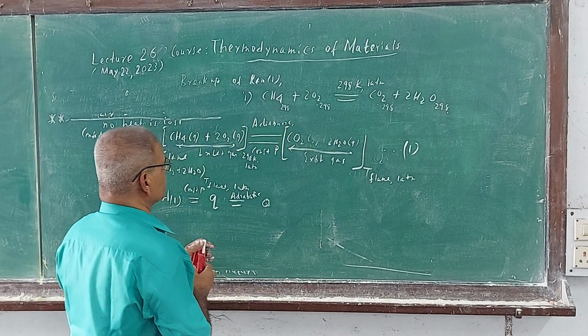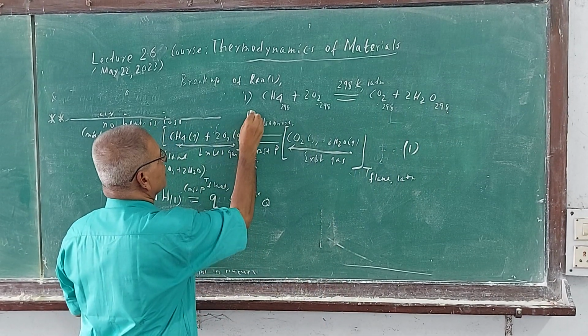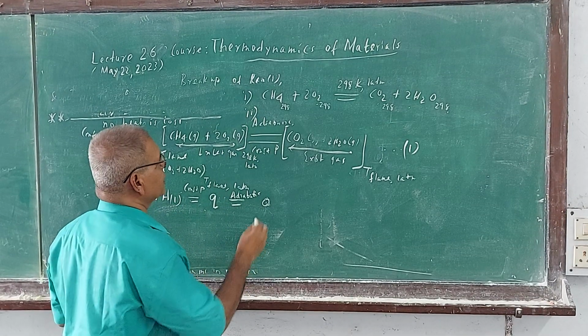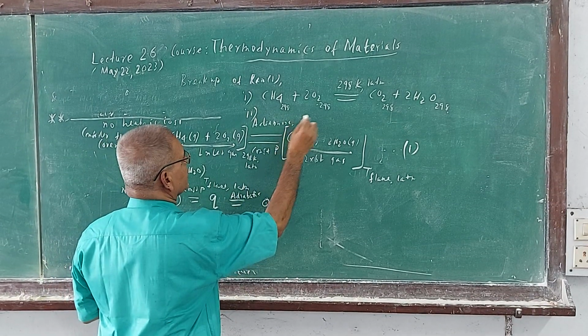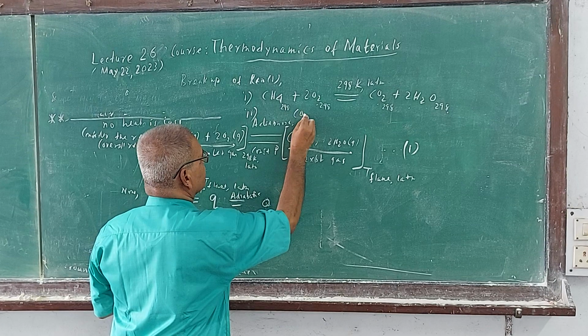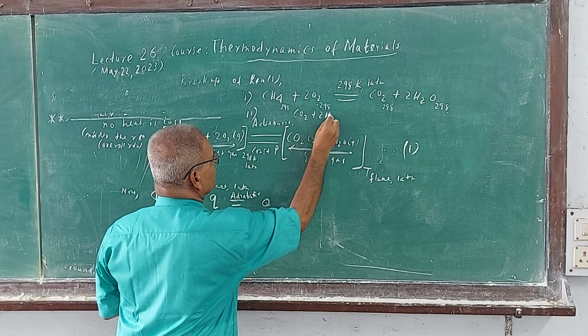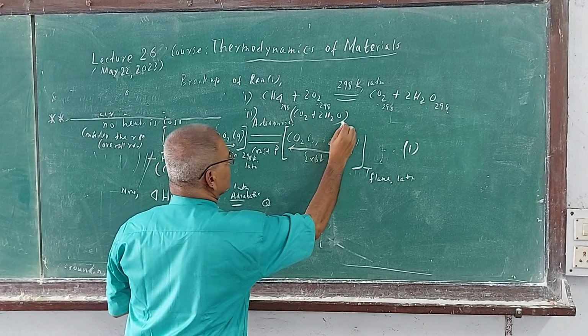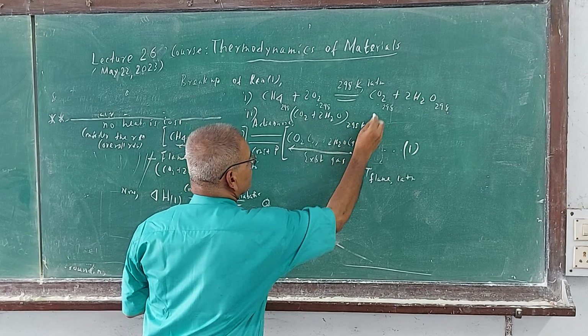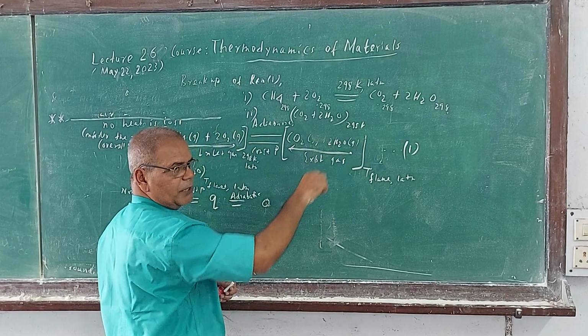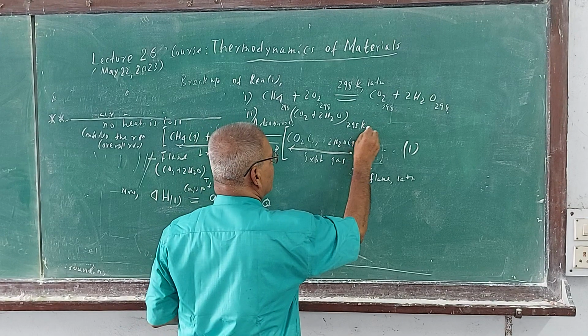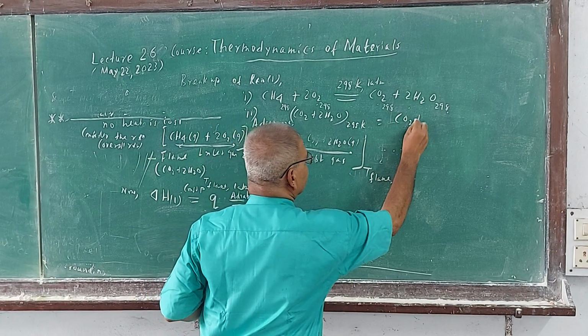Okay. Then the second step is what? Write this, second step here. CO2 plus 2H2O at 298 Kelvin, right? And this product goes to the final. What is the final? Tell me.